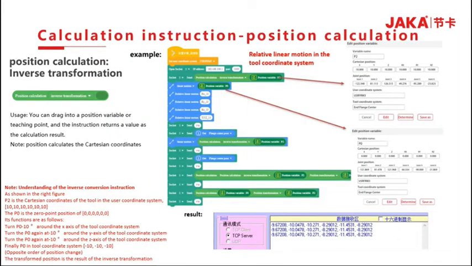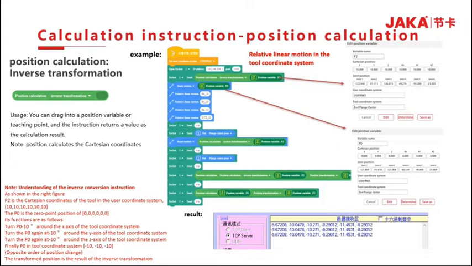Position calculation and inverse transformation. The usage is to drag in position variables or teaching points, and the return value of the instruction is the calculation result. See the example on the right. Set the user coordinate system, open the socket communication, and it will send the result of the P2 position inverse transformation. And the robot moves straight to P0.